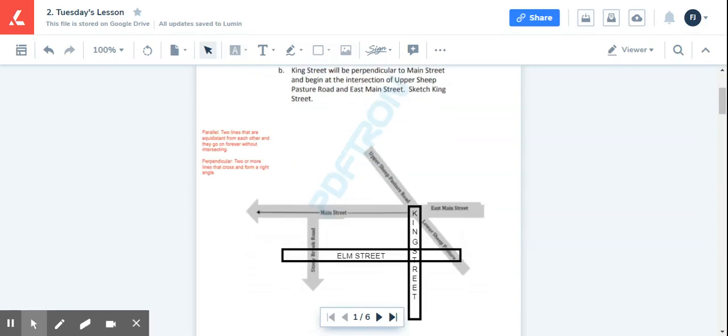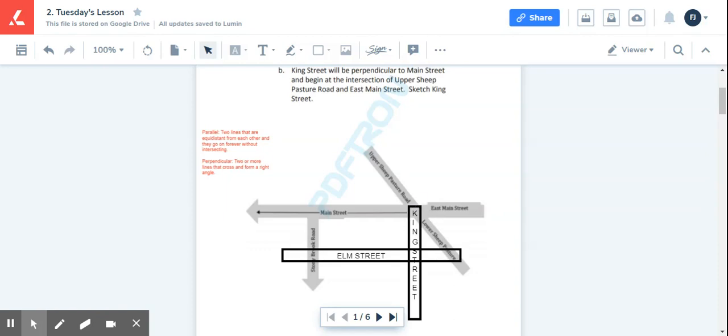Welcome back. So for part B, we had to make sure that King Street would be perpendicular to Main Street and then begin at the intersection of Upper Sheep Pasture Road and East Main Street. So we can see here that this is the intersection between the two roads.